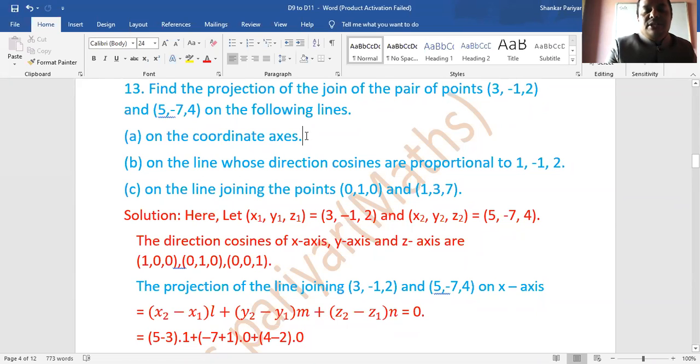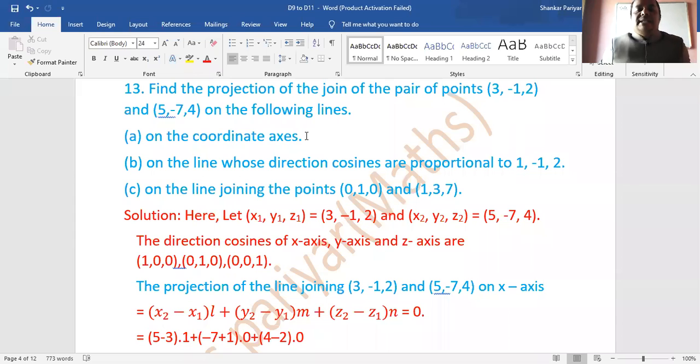You need to understand here, coordinate axes means x-axis, y-axis, z-axis. First of all, number one: find the projection of the join of the pair of points. It means you have to find the projection of the line on the x-axis, the projection of the line on the y-axis, and the projection of the line on the z-axis.